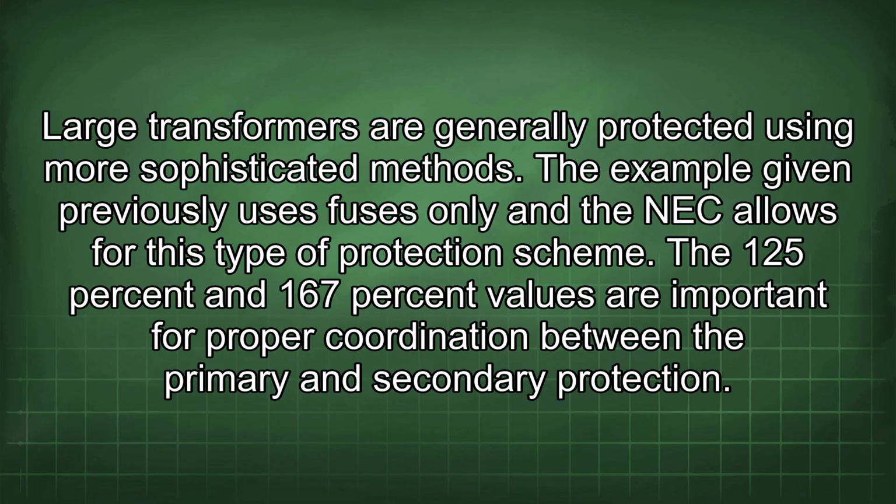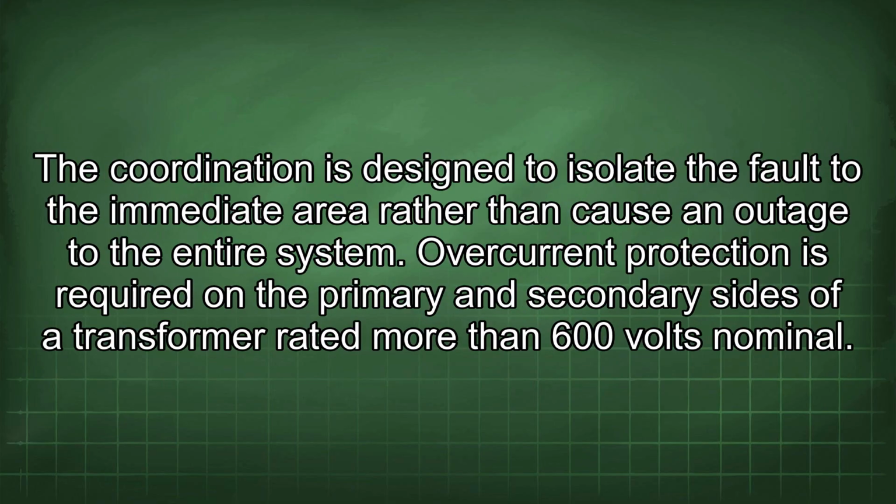The 125% and 167% values are important for proper coordination between the primary and secondary protection. The coordination is designed to isolate the fault to the immediate area rather than cause an outage to the entire system. Overcurrent protection is required on the primary and secondary sides of a transformer rated more than 600 volts nominal.